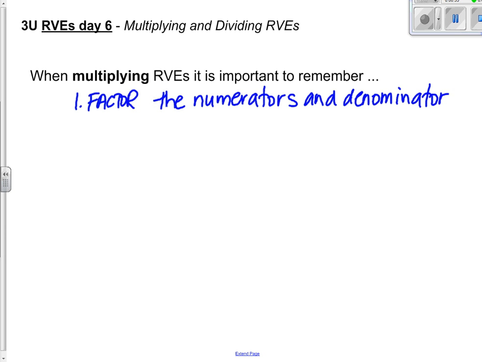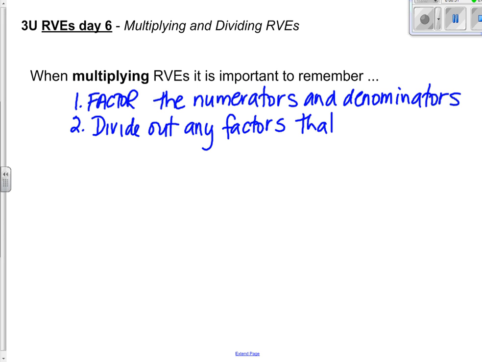That tells us a restriction and allows us to simplify. Number 2, divide out any factors that are common to numerator and denominator.